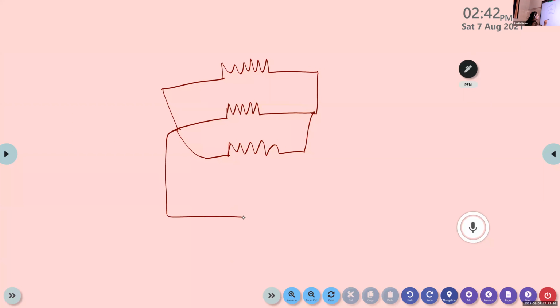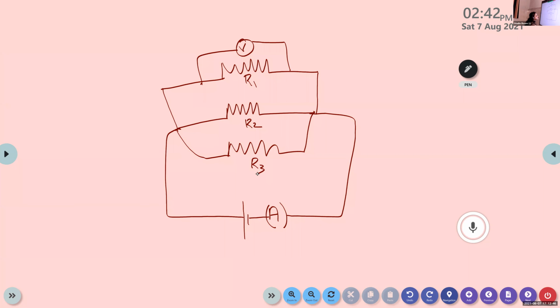And if it is attached to a cell, we know that an ammeter is always connected in series to an electric circuit, and a voltmeter is always connected in parallel to the electric circuit. So here we have three resistors, R1, R2 and R3, arranged in different rows, hence it is called a parallel combination of resistors.